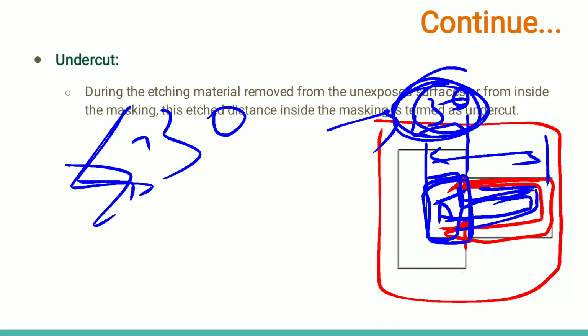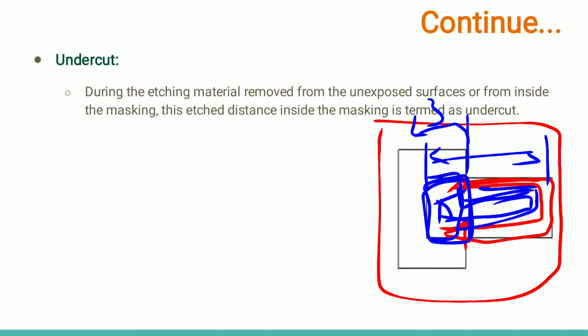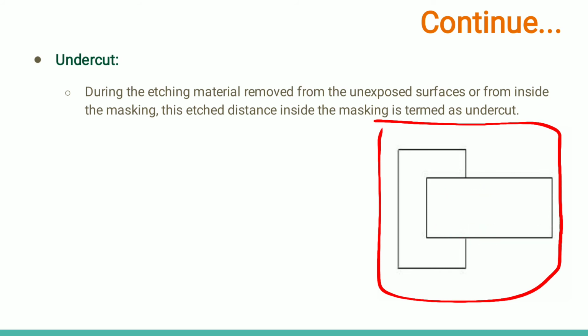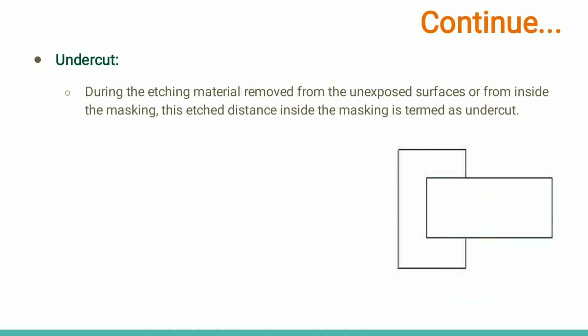So we have to increase this masking thickness, this distance. This will be greater than 40 or 50, so that at the end the shape will be 30. If at the end it is greater than 30, then we can remove the excessive amount of material with other machining processes. That will save our material.